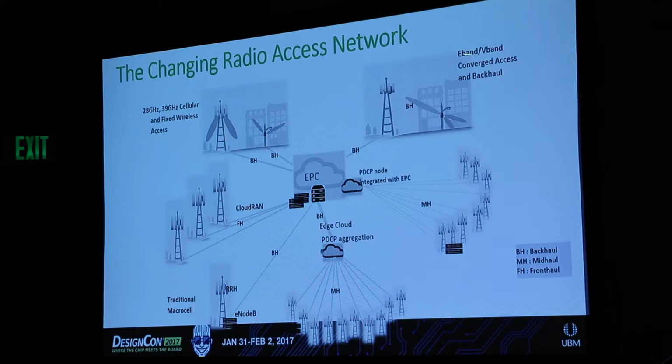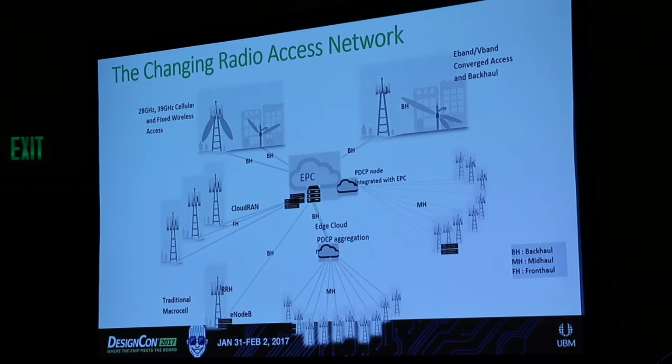The other thing that we have is the E-band, V-band converged access and backhaul. So if you now look at the spectrum in the 70 gigahertz and 60 gigahertz band, you have a large amount of spectrum, but do you want dedicated backhaul and dedicated access, or can you combine them?